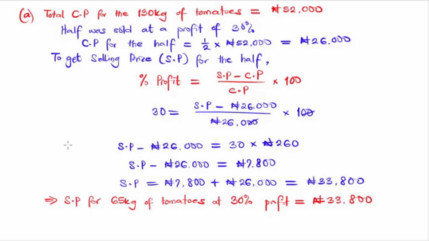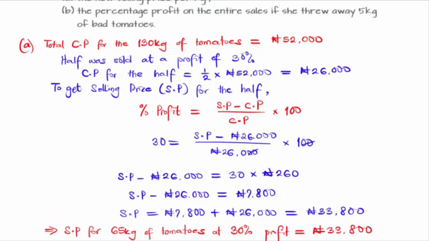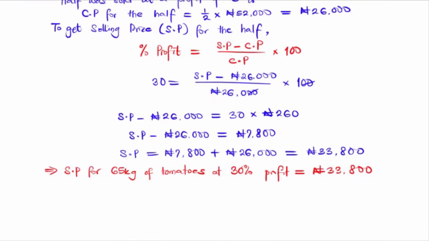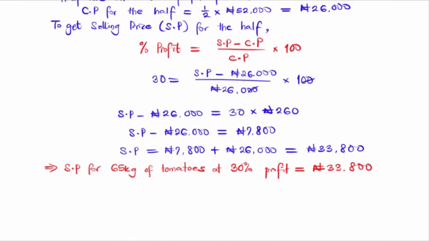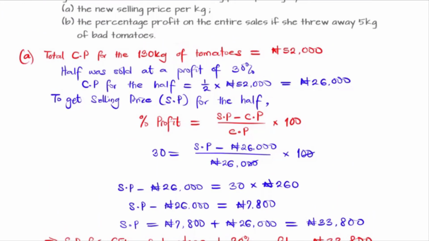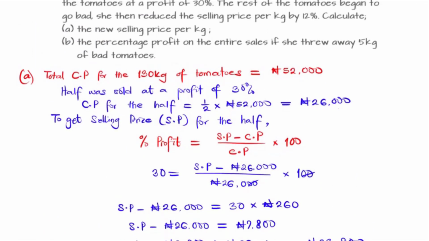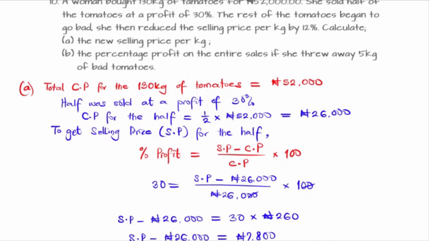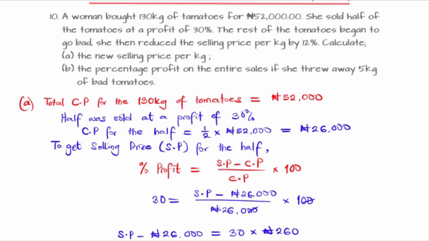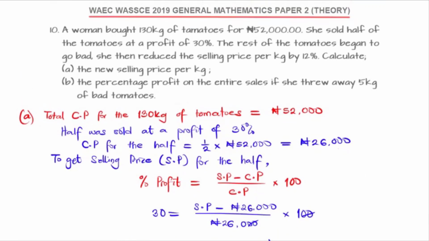But moving forward, we are told that the rest of the tomatoes began to go bad. So she reduced the selling price per kilogram by 12%. Let's look at this language critically.